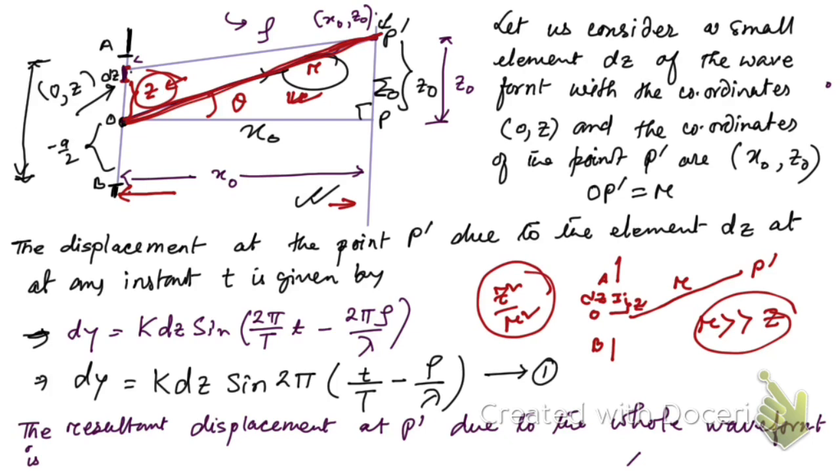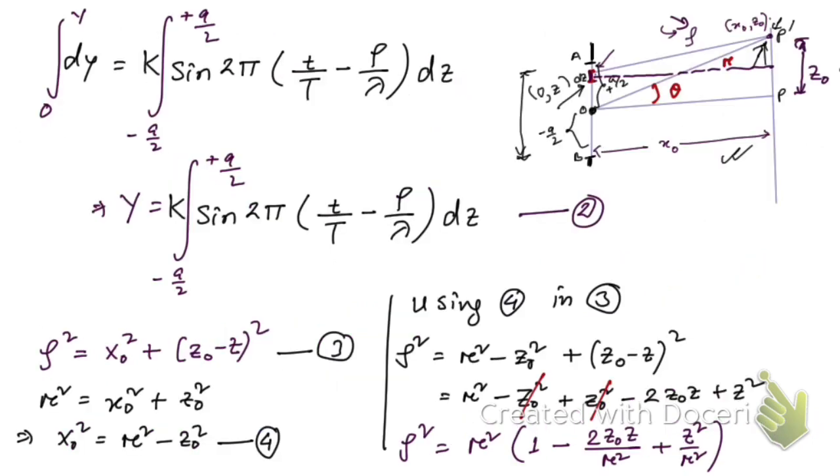Now let me clean this and take my slide. So let us neglect this term, z square by r square, since r is very much greater than z.